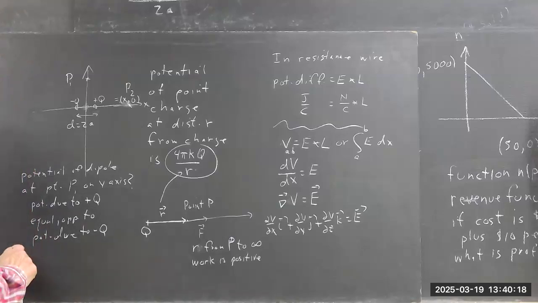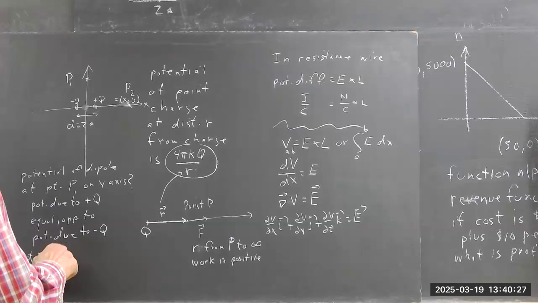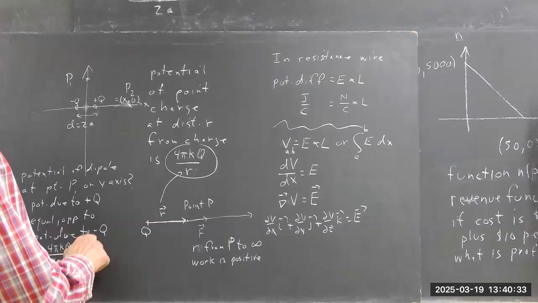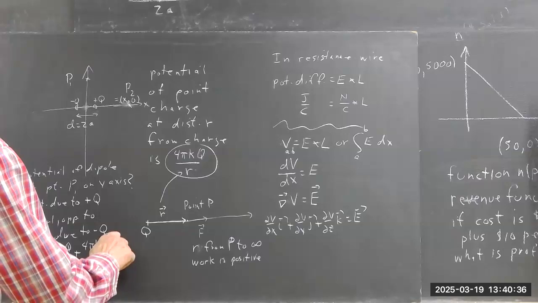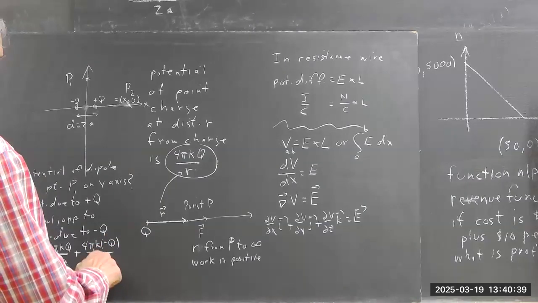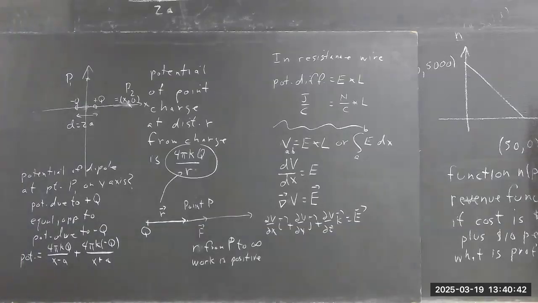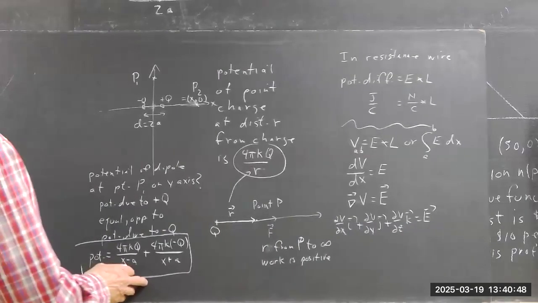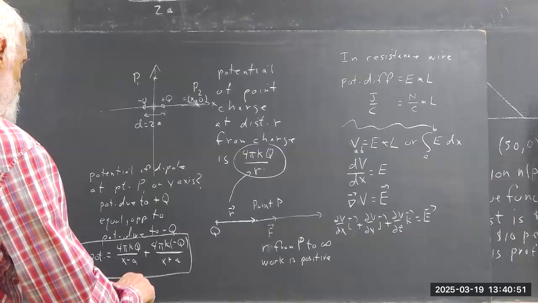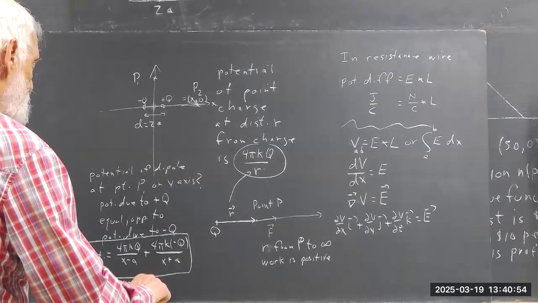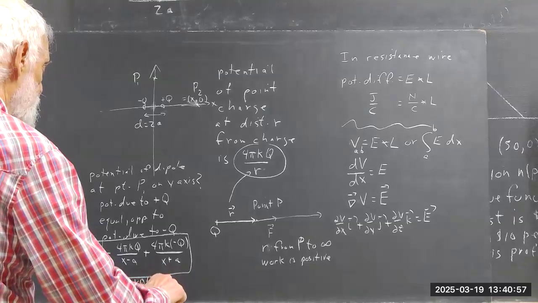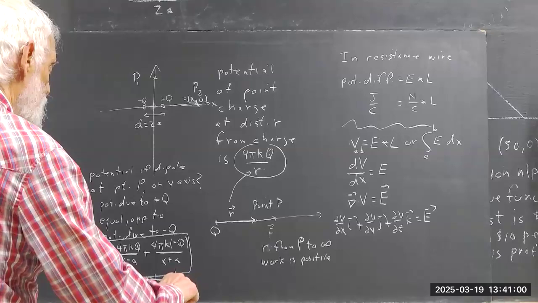So don't you get, isn't this it? That's 4 pi k q times 1 over x minus a minus 1 over x plus a.